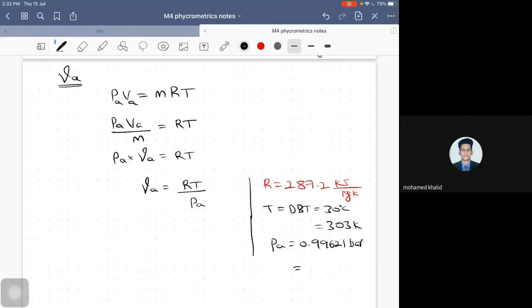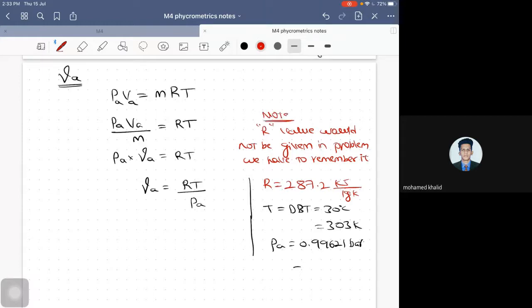So even I would write: R value would not be given in the problem. We have to remember it. So please do take a note. Okay, now it is clear, I guess, right?